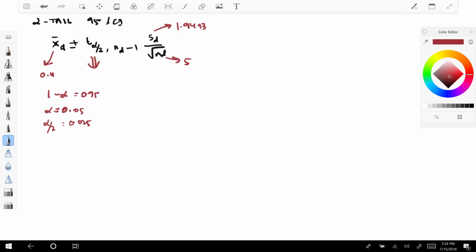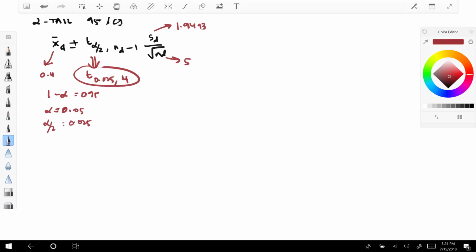So now I am looking for T 0.025, nd minus 1, where nd is 5, and 5 minus 1 is 4 in our previous problem. So I'm looking for the T 0.025 comma 4 value.